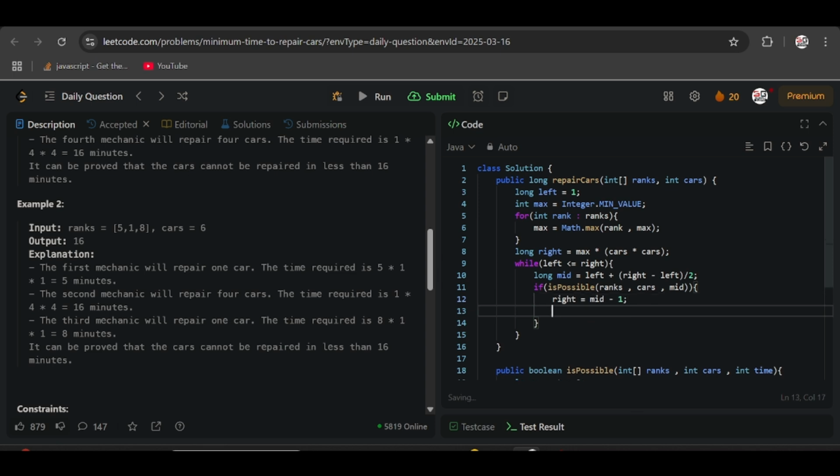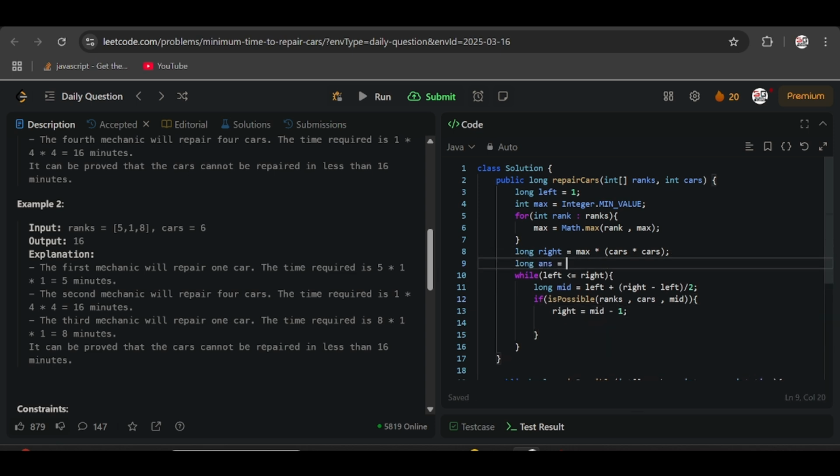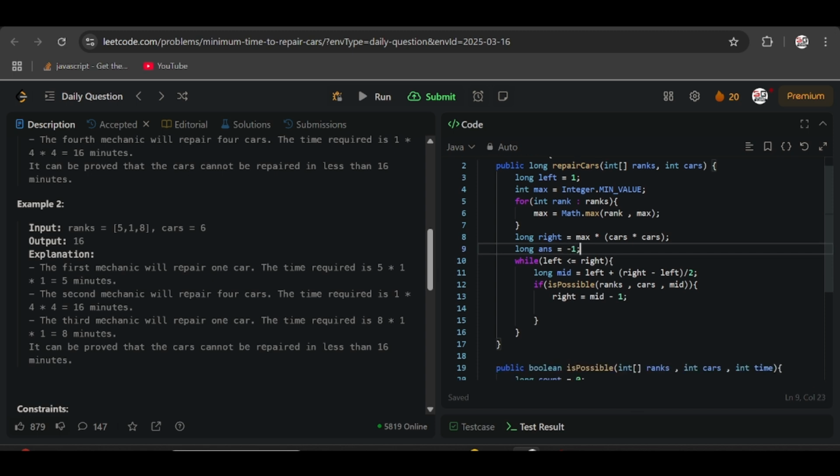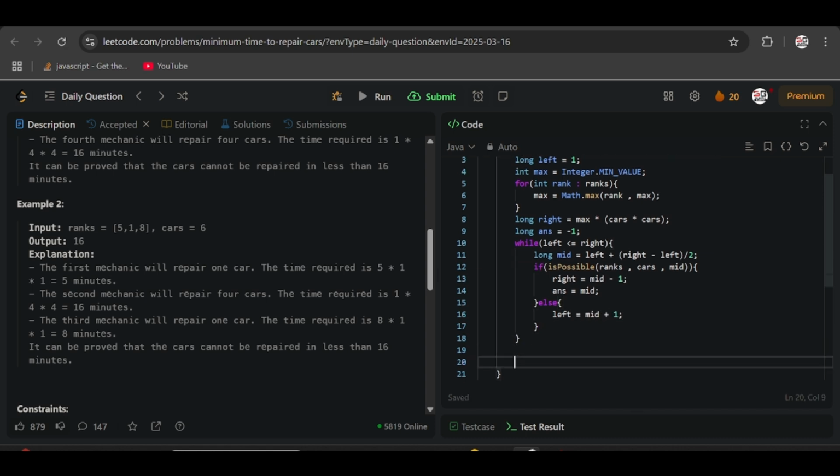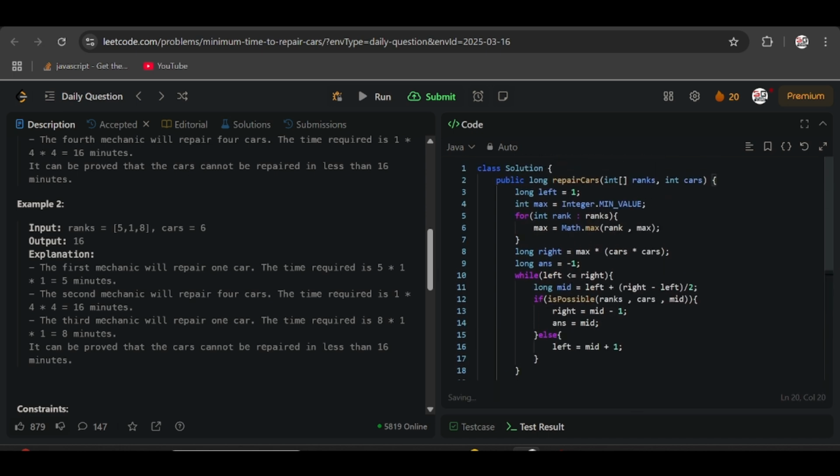And one more thing, make one answer variable and put answer equal to mid. If it is not a possible solution, then what we were doing, we were putting left equal to mid plus 1. And at the end, we were just returning our answer. So I think that's all we can do.